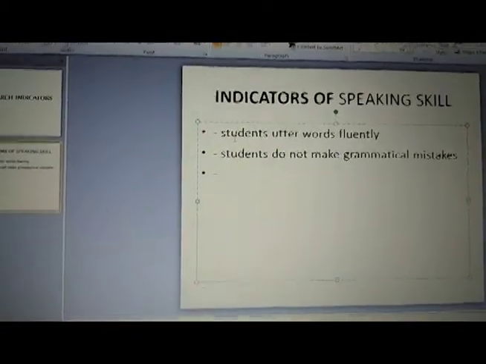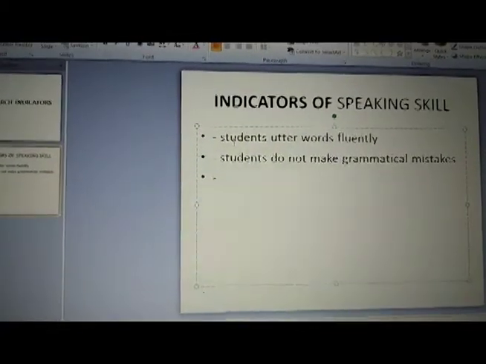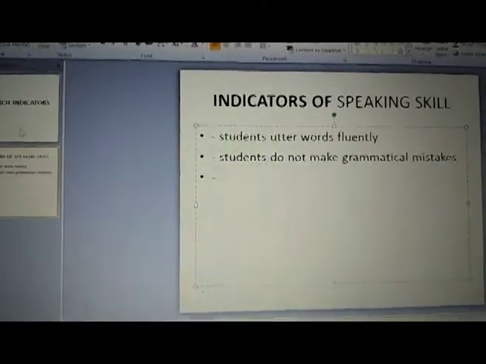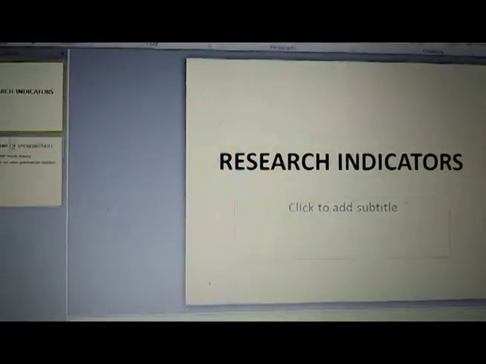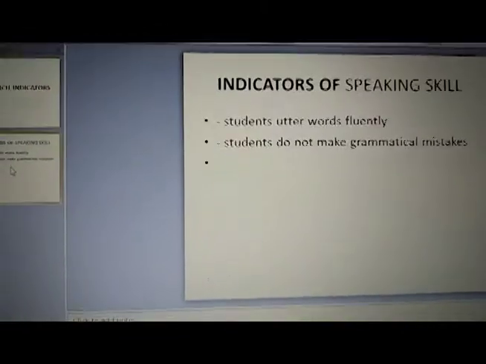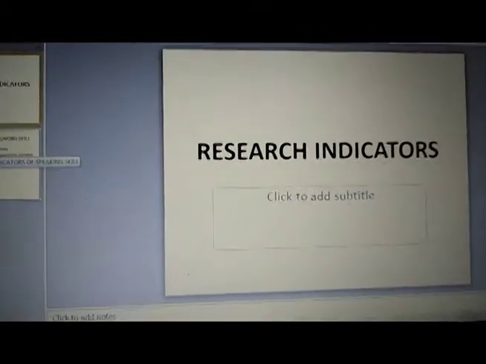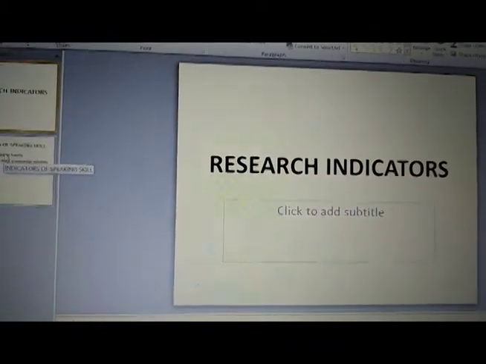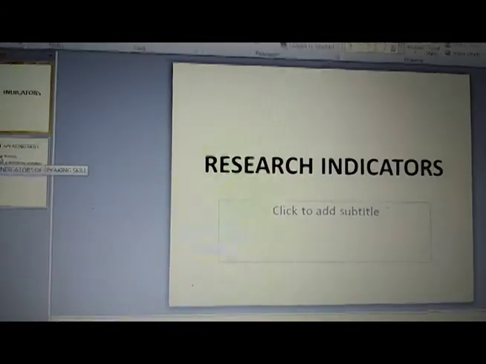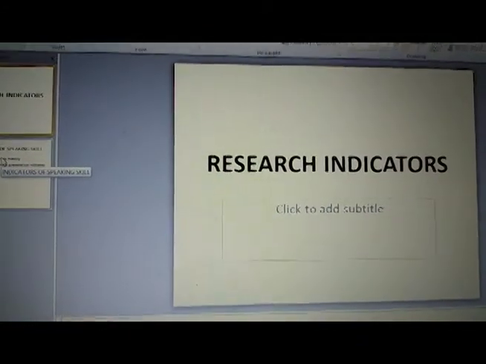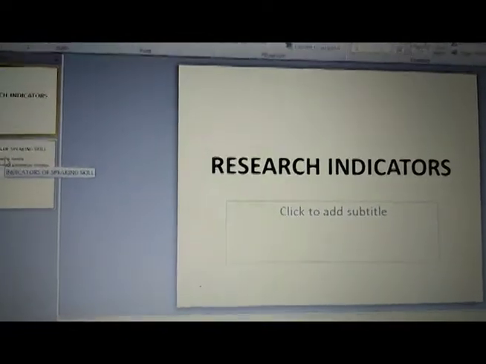specific skill. Okay, and indicators of the research must be put in chapter 3, that is the research method part. Without this, your research will be rejected, and it will be aimless.